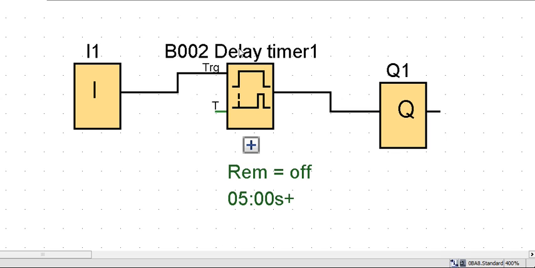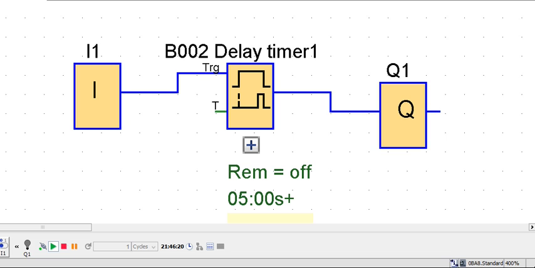Now let's see the practical. So let's do the demonstration. As you can see, I have the input I1 and output Q1. So the input is off now. Our output is off as well.